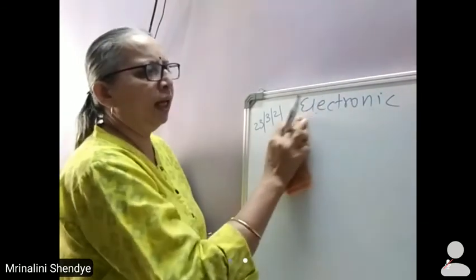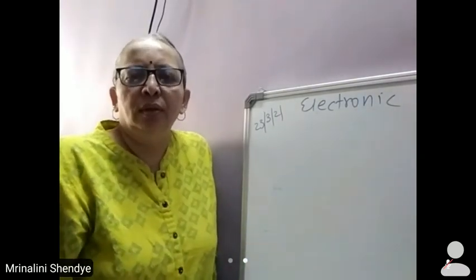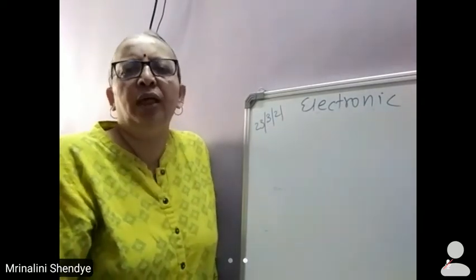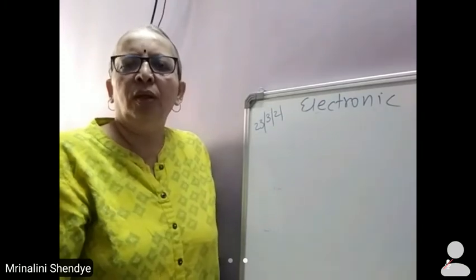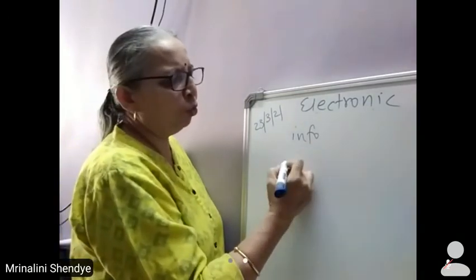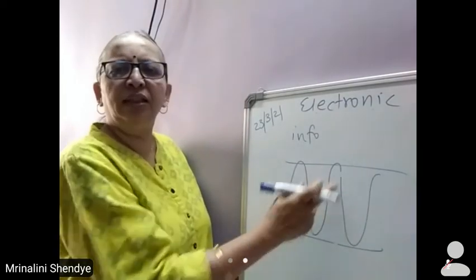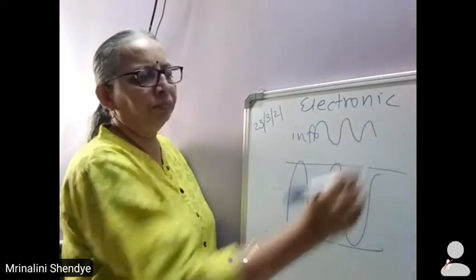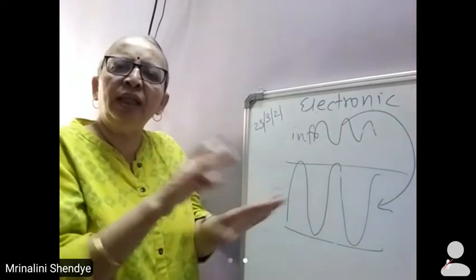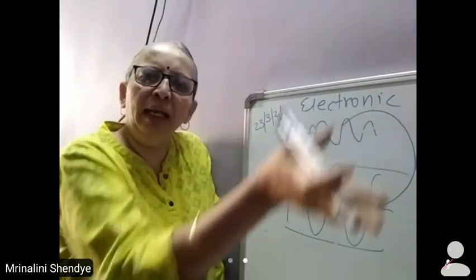So what is done? Radio waves and microwaves. This part of the EM spectrum is mostly used for communication purposes. The information to be communicated is superimposed on a high frequency wave. ये इंफॉर्मेशन है, उसका हाई फ्रीक्वेंसी वेव के ऊपर सुपर इम्पोजिशन किया जाता है, और such high frequency modulated wave is then transmitted.